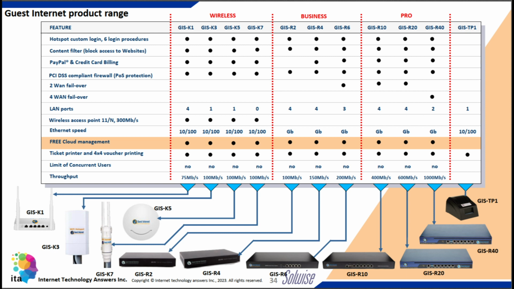You have the business products, small end, connect a number of wireless access points. So, for example, businesses with a larger area, motels, the R6 has dual WAN. And then we have the Pro, which has a broader range of features, great for hotels, resorts, airports, that type of application. So that's the guest internet.